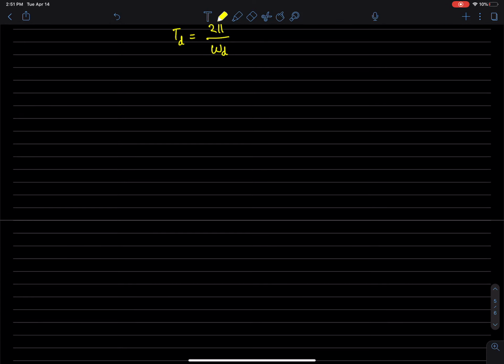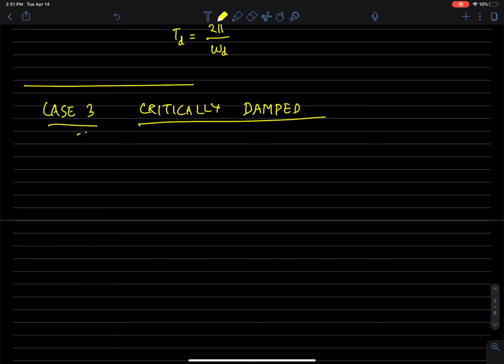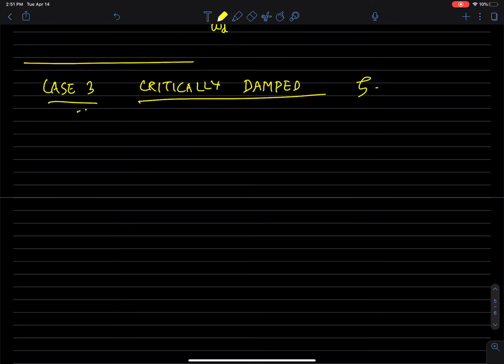And then there's this sort of boundary between overdamped and underdamped. Case 3, which is called critically damped, which is zeta equal to 1 or zeta square minus 1 equal to 0.